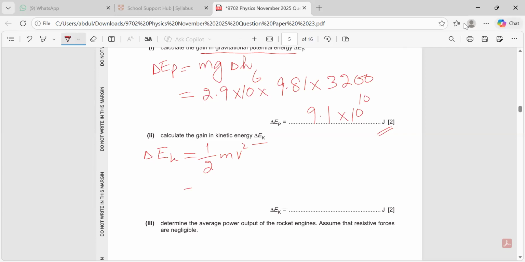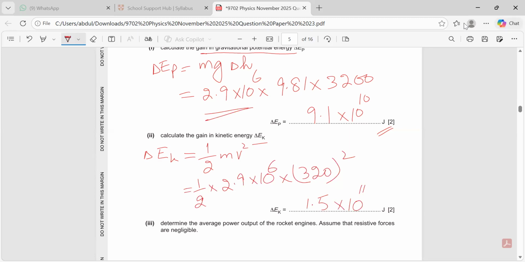So simply placing the values, we can get the answer. Now 1 over 2 times mass, which is 2.9 times 10 raised to the power of 6, times 320 meters per second, the final speed. As we simplify, we get the answer 1.5 times 10 raised to the power of 11 joules.